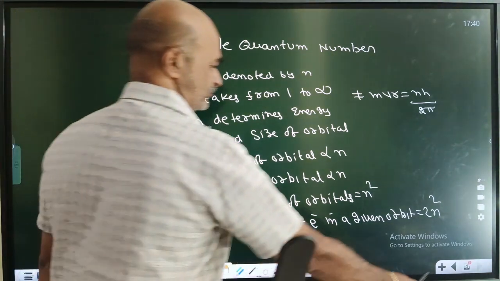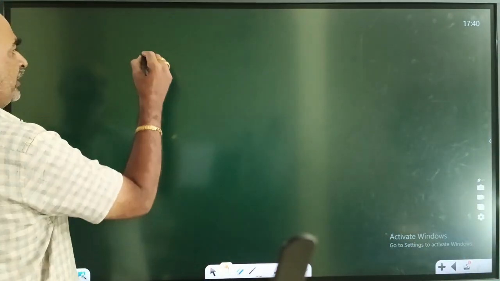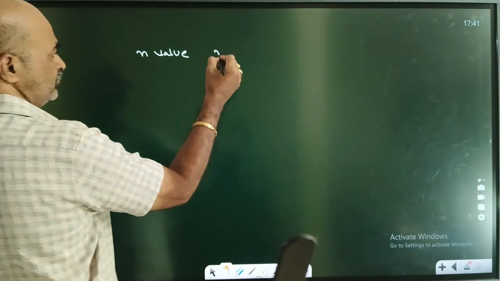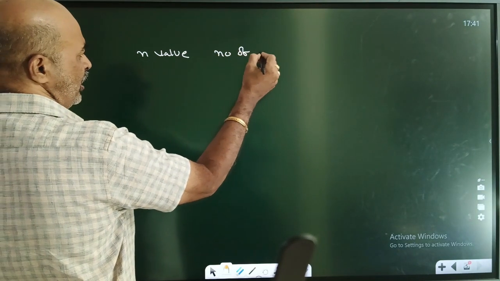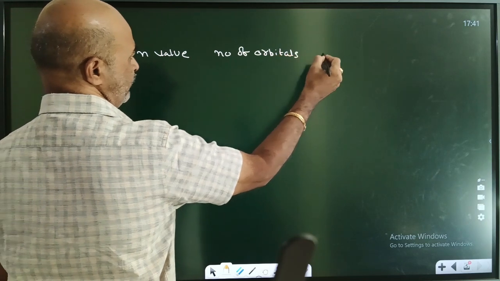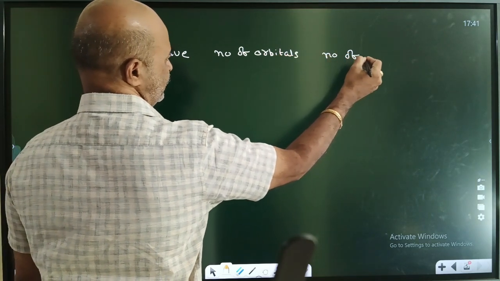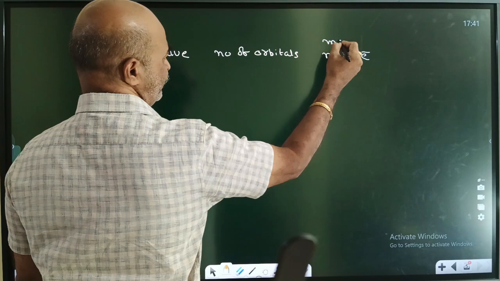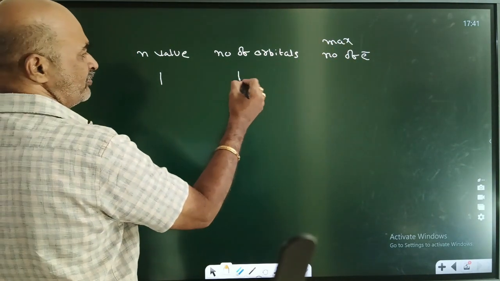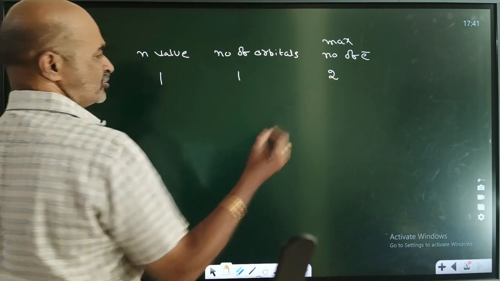For suppose, n value, number of orbitals, maximum number of electrons. If n is equal to 1, number of orbitals 1, number of electrons 2.